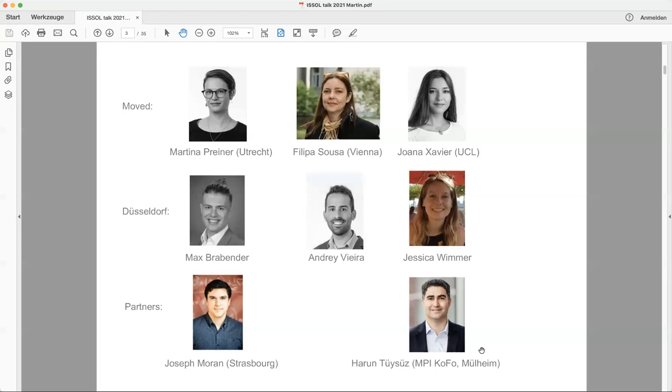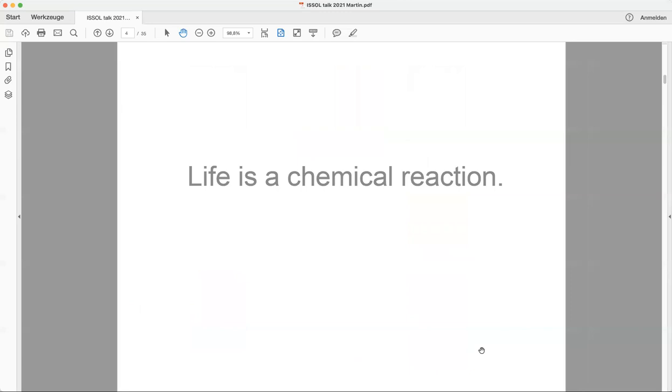And Harun Tüysüz, who's been providing us with some wonderful catalysts. He's at the Max Planck Institute for Coal Research, or Kohlenforschung, in Mülheim. And the reason that he's smiling is that right down the hall from him is where the Nobel Prize for Chemistry landed this year, in the Abteilung List. And so the Max Planck Institute in Mülheim has a lot to celebrate right now.